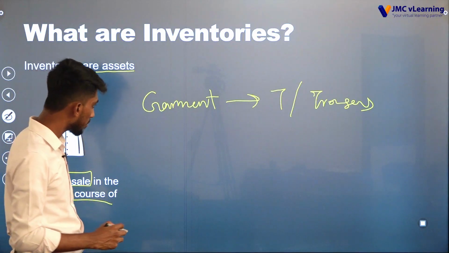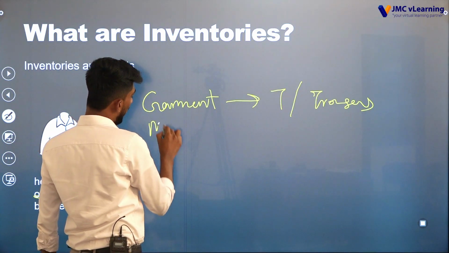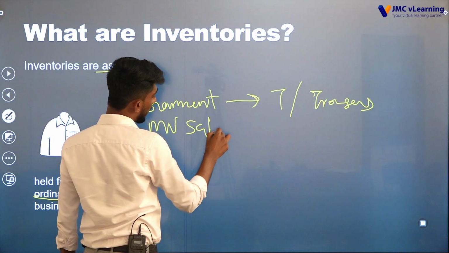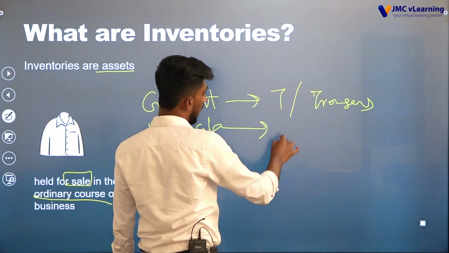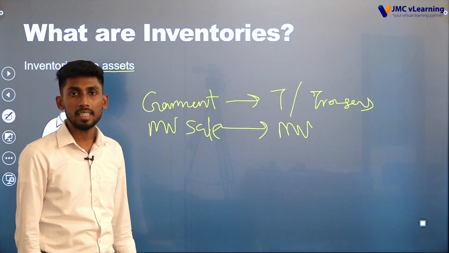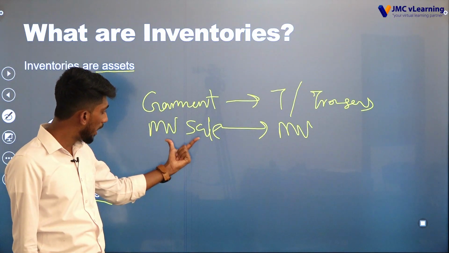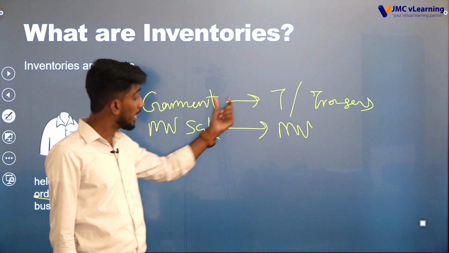In a motor vehicle sale business, the motor vehicles are the inventory. Why? Because in their main business activity, they sell these.